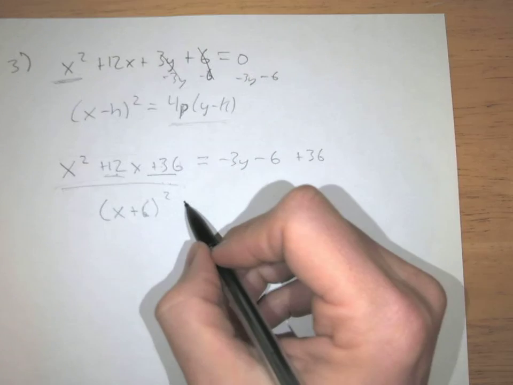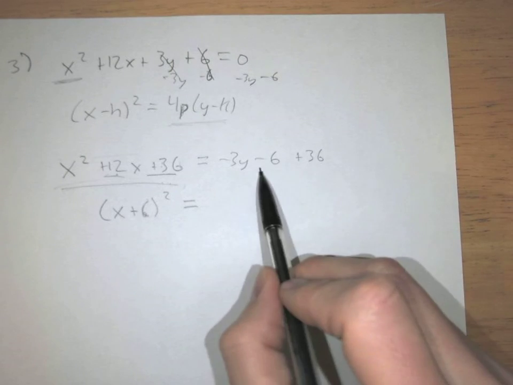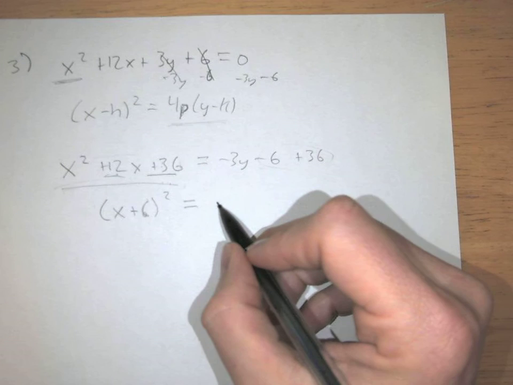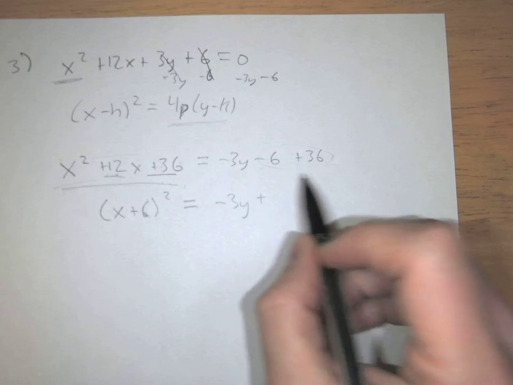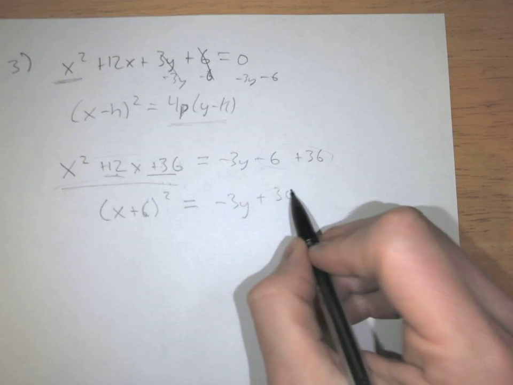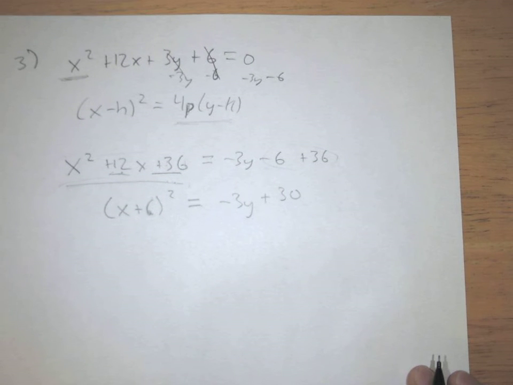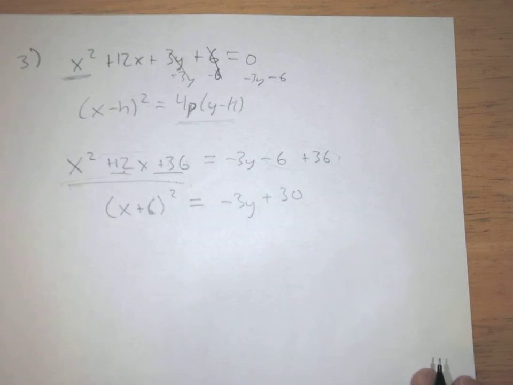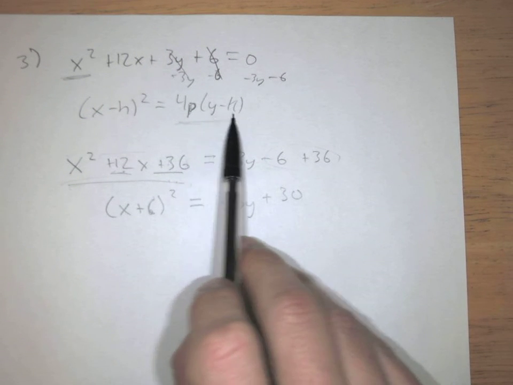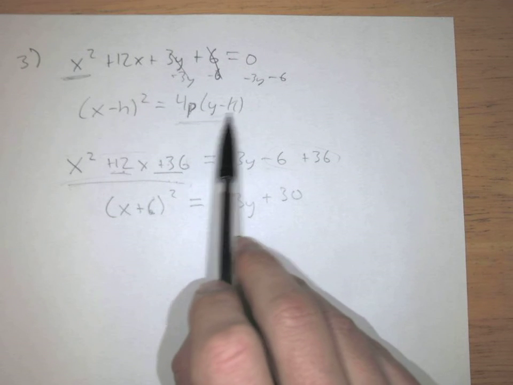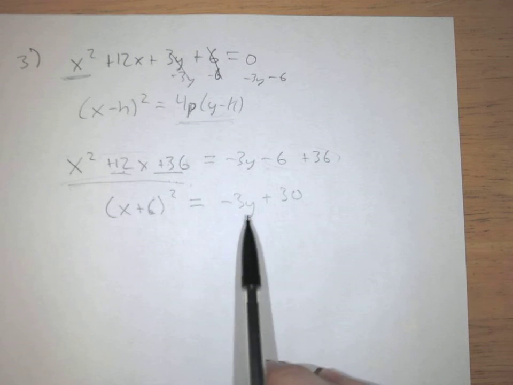Now on the other side, we can combine these like terms right here. So we're going to have negative 3y, and then we're going to have a plus 30 right here, when the negative 6 combines with the 36 there. The last thing we need to do is factor it because we want to get a y with some other number inside of parentheses.